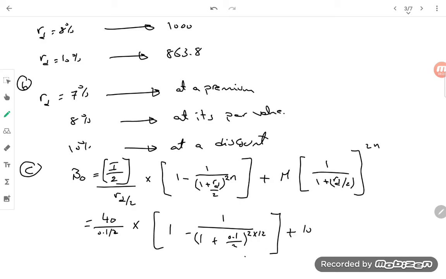Plus M, which is 1,000, multiplied by 1 over (1 plus 0.1 divided by 2), all to the power 24. It will be 862.21. This is the case of semi-annual. If it's quarterly, you are going to divide by 4 and multiply this by 4.